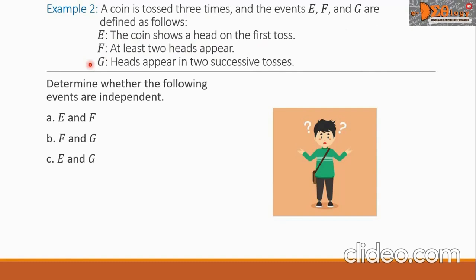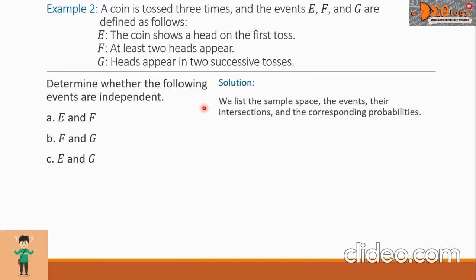Event G, heads appear in 2 successive tosses. Determine whether the following events are independent. Letter A, events E and F. Letter B, events F and G. Letter C, events E and G.